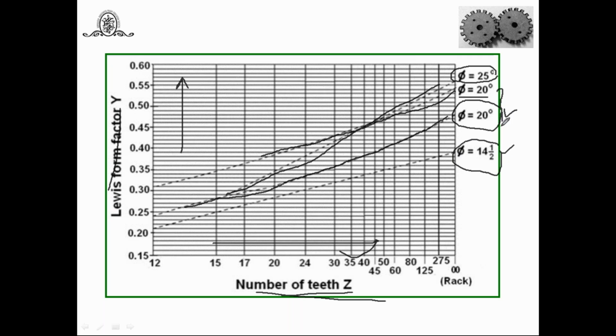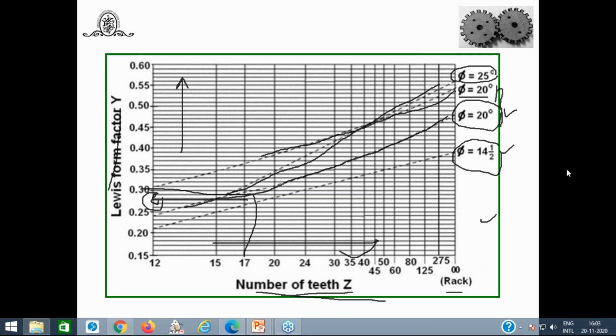For whichever type of profile is used, accordingly we have to use the corresponding pressure angle, say phi equal to 20 degree. Based on the number of teeth, if it's 20 degree, you can select this point, then you will get the Lewis form factor on this vertical line. In this way, by referring to the chart, you will get the values.